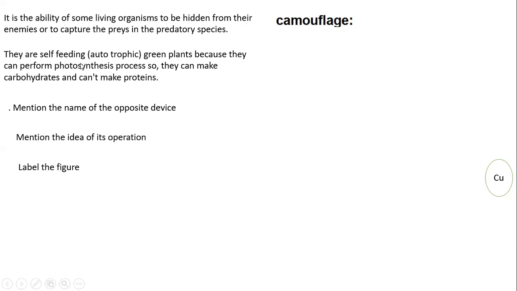They are self-feeding autotrophic green plants, because they can perform the photosynthesis process, so they can make carbohydrates but can't make protein. Their roots can't absorb nitrogenous substances from the soil. You remember them? Yes, Drosera and Halophila.